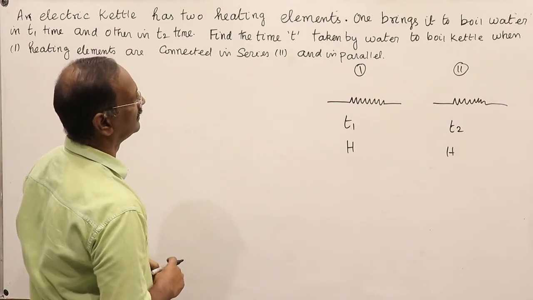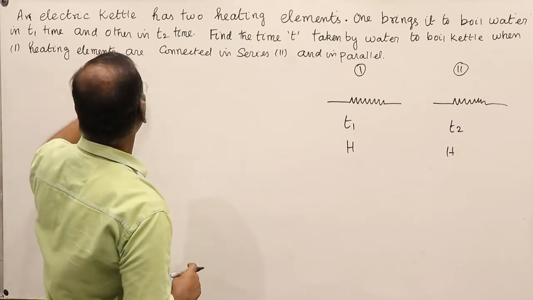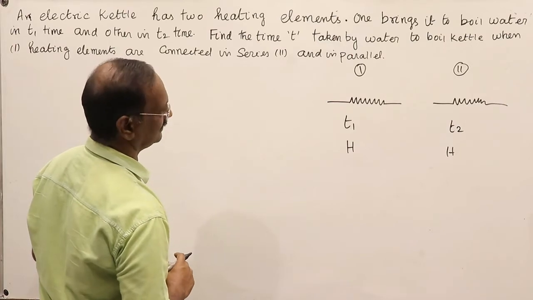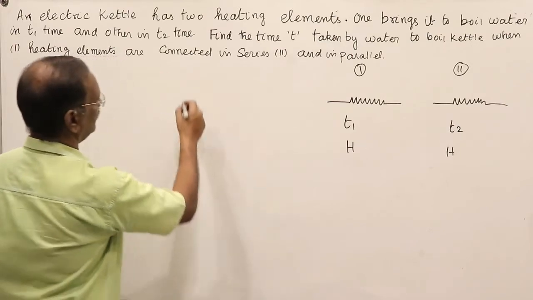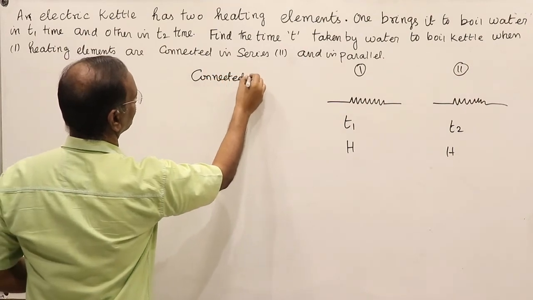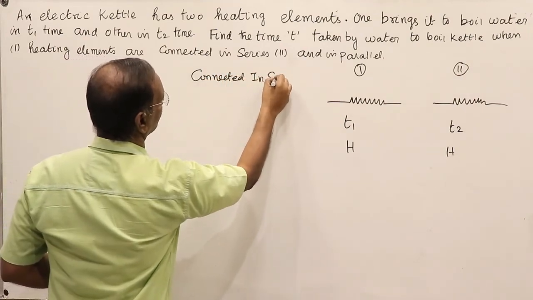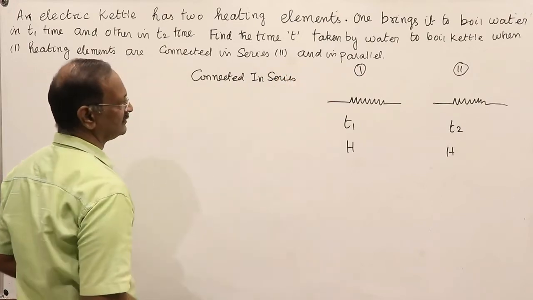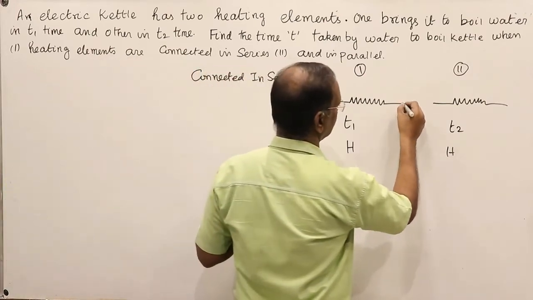Find the time T taken by the water to boil when the heating elements are connected in series first. When connected in series, these both are now connected in series.